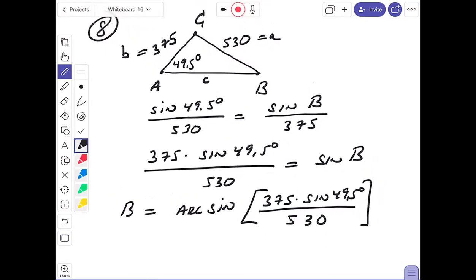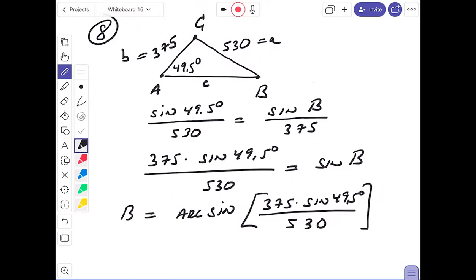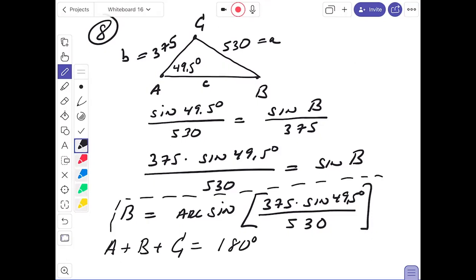I think I can find out angle C now. Angle C, I know A plus B plus C is 180 degrees, right? By the way, I'm going to put a sort of box on this one over here, but not really, because I'm not saying it's an answer. I'm just going to say I don't have to keep rewriting that over and over again until I really get an approximate. So what do I know? I know A is 49.5, right?